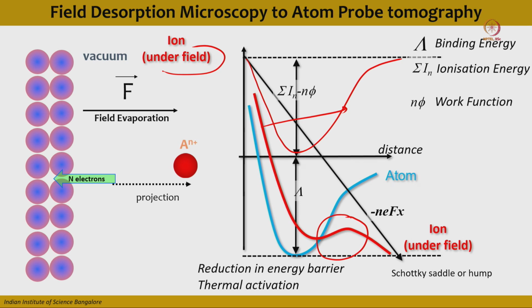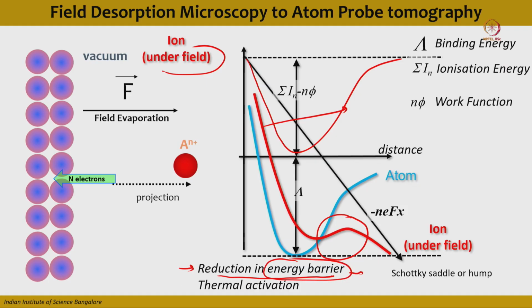So there are two important things. One is that by applying the electric field, a reduction in the energy barrier takes place. So this energy barrier is a direct function of the electric field applied.